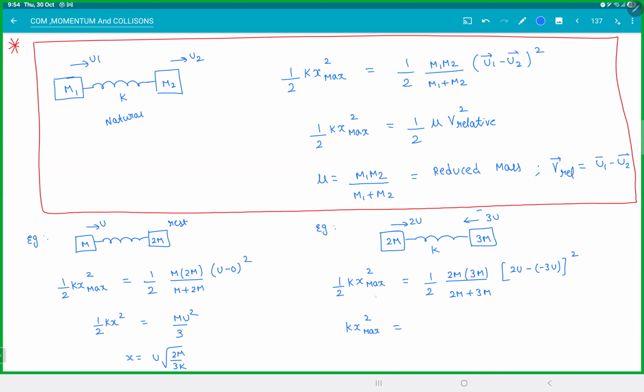So x max square, the half goes off. That is 6m by 5, and that will be 25u square. This will be 30 m u square by k. Velocity direction matters. All got this?